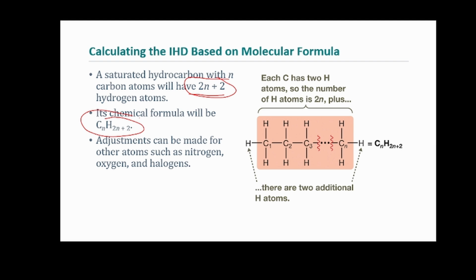We can make adjustments for other atoms like nitrogen, oxygen, halogens, right? If we have a halogen, how many hydrogens are going to go on the halogen? None. Halogens only make 1 bond, right? So by definition, a bond has to be consumed, doesn't it? Yeah. How about an oxygen?